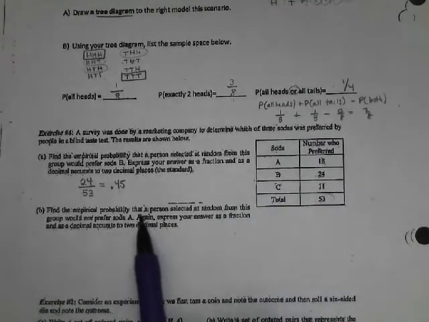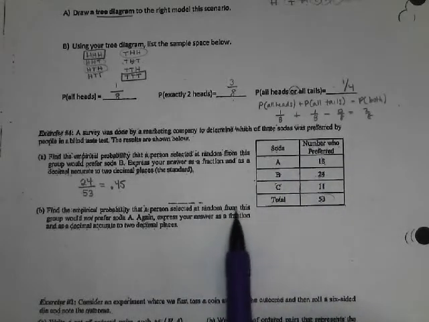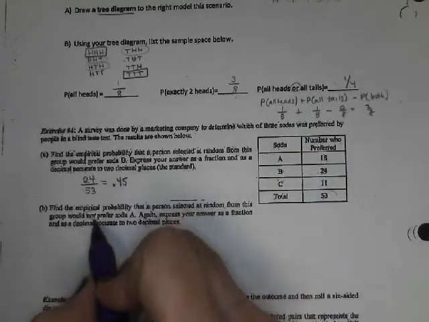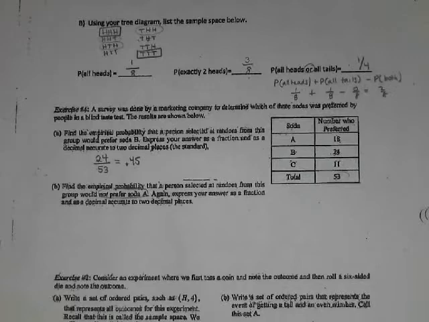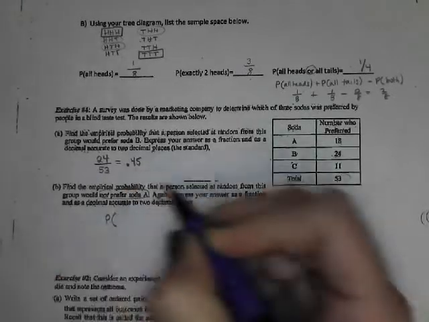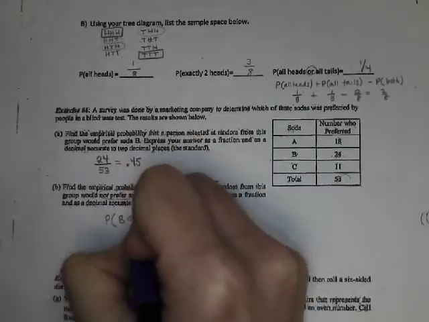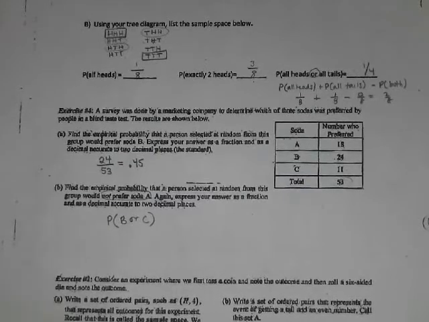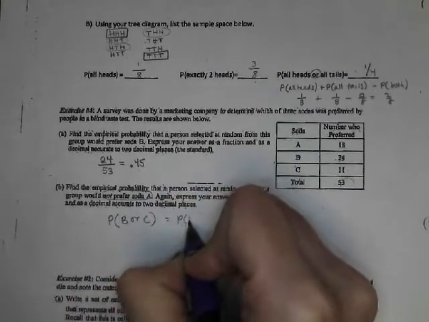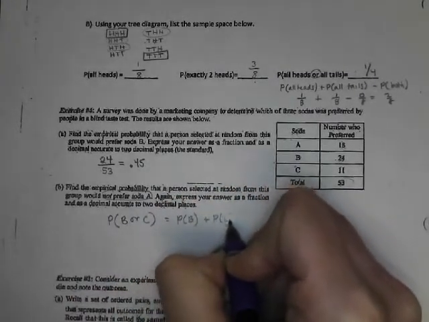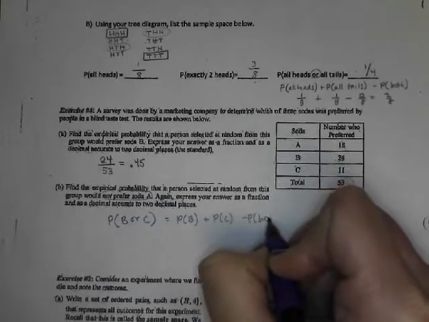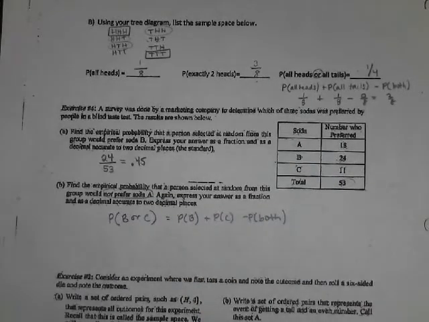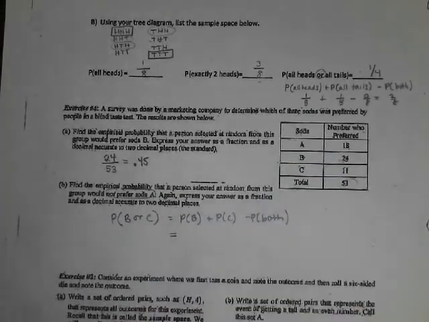Find the empirical probability, again based on this, that a person selected at random from this group would not prefer soda A. So not preferring soda A means they're preferring B or C. Hope that makes sense to you. If you don't prefer A, then we're looking at the probability that you actually prefer B or C instead. So that would be the probability of B plus the probability of C, minus the probability of anyone preferring both, which I don't think is allowed, so that's going to be 0.